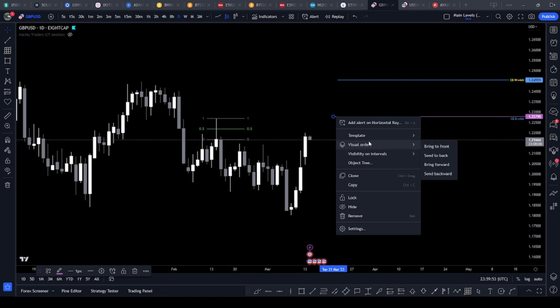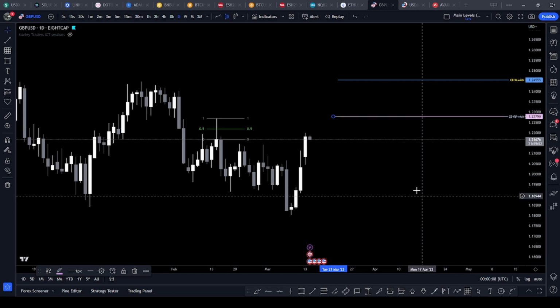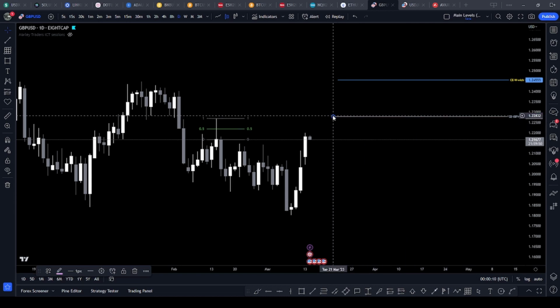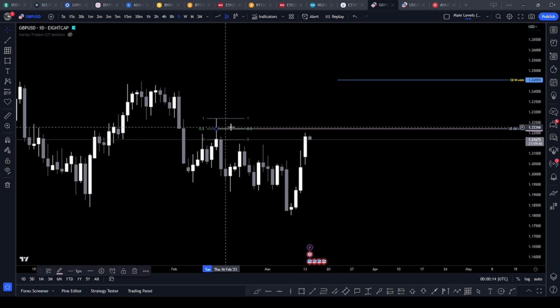So it'll be consequent encroachment of old. OD means old daily. CE means consequent encroachment. And of course, the week. So when I'm in my 5 minute time frame, I know what level I'm working with.